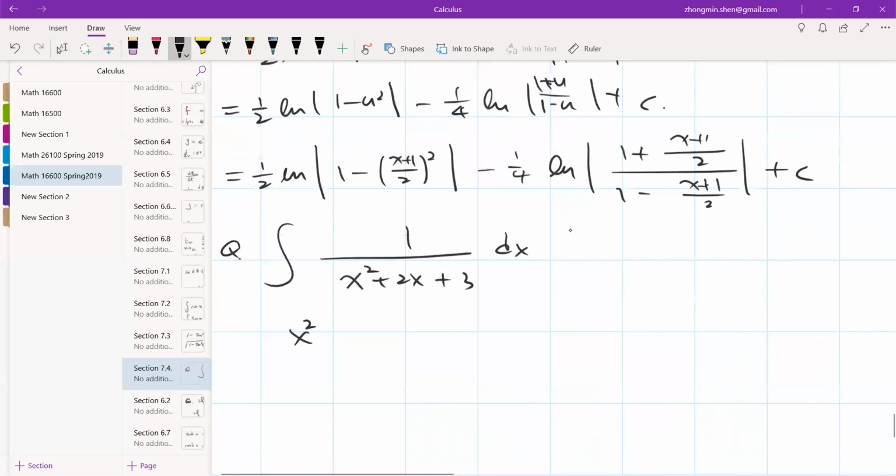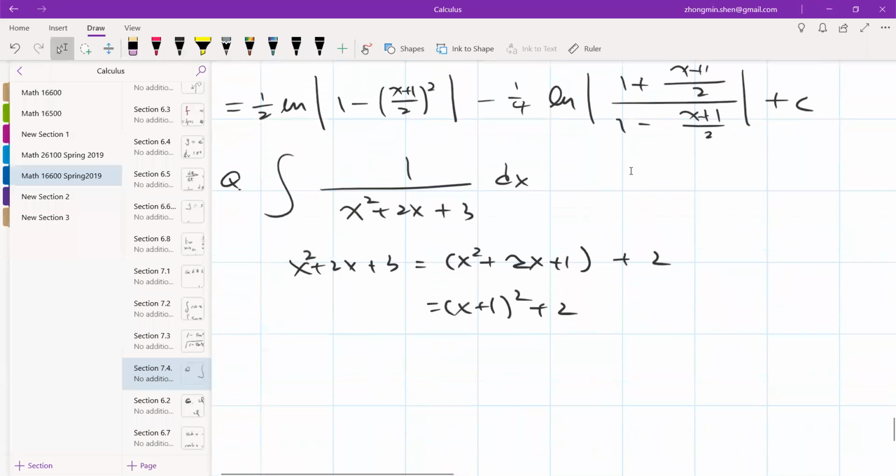So x squared plus 2x plus 3 is going to be x squared plus 2x plus 1, then you add 2, right? So you are going to get x plus 1 squared plus 2. Okay?